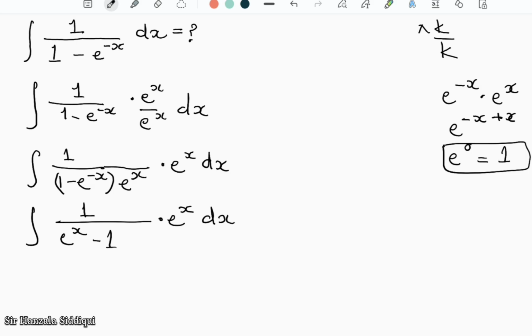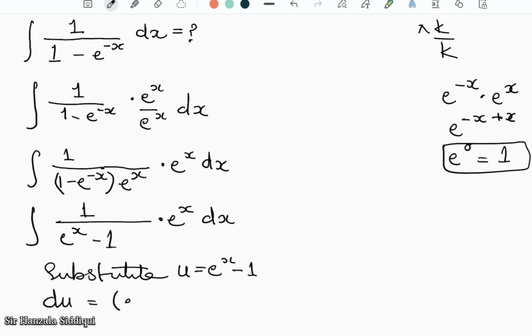Okay, now in the next step we substitute u equals e to the x minus 1. And du, the derivative of u, is e to the x minus 0, and d of x, that is e to the x dx.